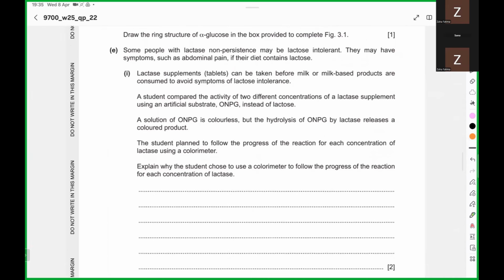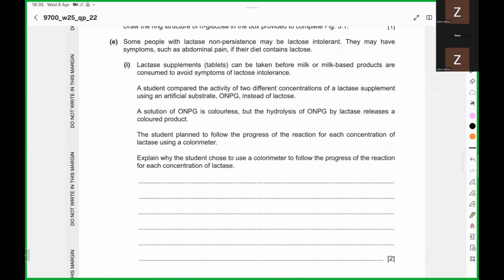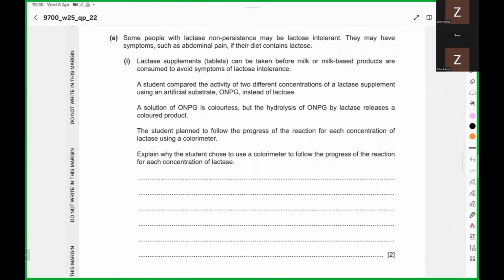Some people with lactase non-persistence may be lactose intolerant. They may have symptoms such as abdominal pain if their diet contains lactose. Lactase supplement tablets can be taken before milk or milk-based products are consumed to avoid symptoms of lactose intolerance. A student compared the activity of two different concentrations of a lactase supplement using an artificial substrate, ONPG, instead of lactose.